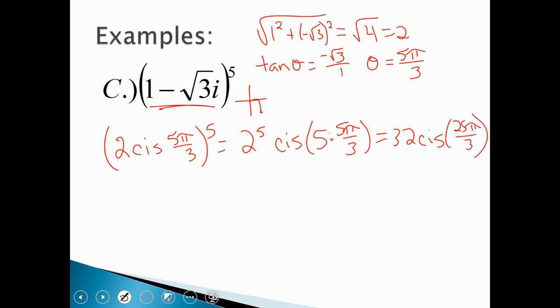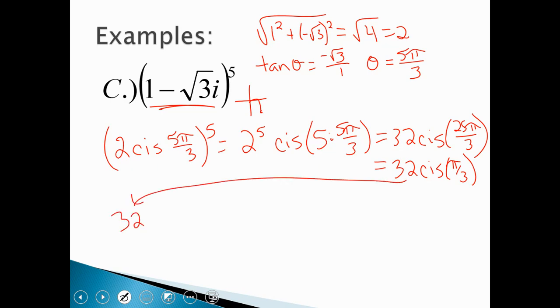25 pi over 3 is not in the unit circle. So if we count by sixes, 6 pi over 3, we get all the way up to 24 pi over 3, and then we would have 1 pi over 3 left over. Reminder to change it back. Going over here, we have 32 cosine of pi over 3 plus i sine of pi over 3.